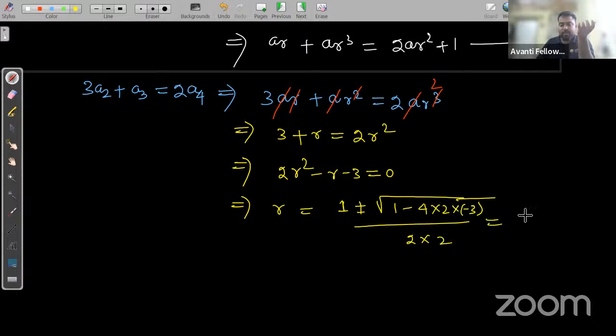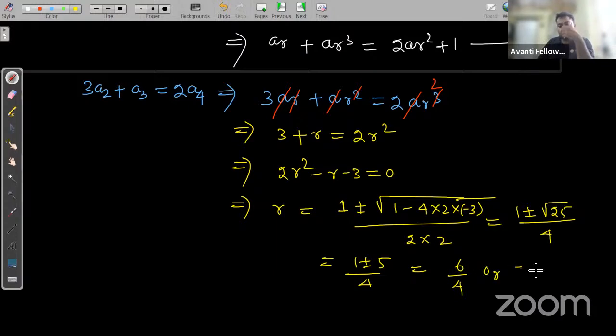That is 1 plus or minus the square root of 1 plus 24, that is 25, and the square root of 25 is 5. So I am getting 1 plus or minus 5 upon 4. So 6 upon 4 or minus 4 upon 4, that is 3 by 2 or minus 1. So we get the value of R as 3 by 2 or minus 1.